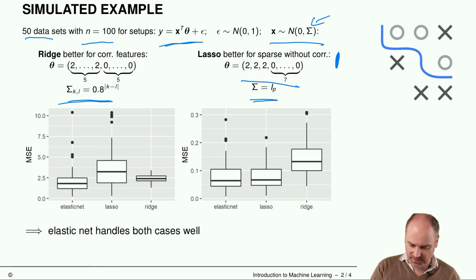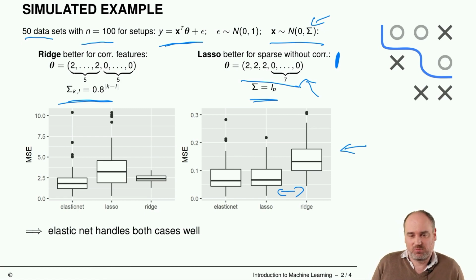Now, on the left-hand side, I'm creating a correlation structure. Again, this triplets structure that we used before, and what can we now see? For the uncorrelated features, where the true structure is also quite sparse, only 3 of the 10 features actually have an effect, LASSO works better than ridge, which we expected, because we really have this true underlying sparse structure and there is no strong correlation to screw around with the LASSO.